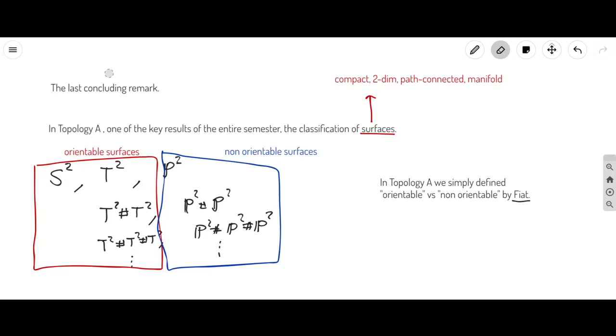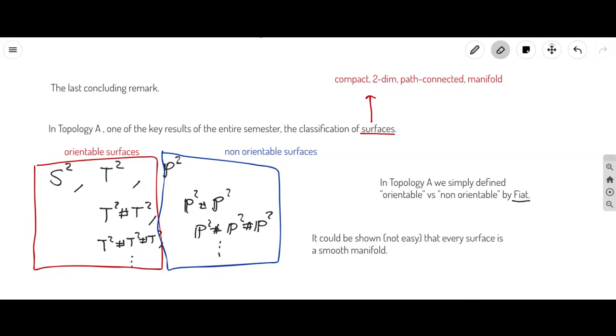And back in topology A, I say that there is a way to actually define orientability as a property. And now that we have done so, it could be shown, which is not easy, that every surface is a smooth manifold, right? So every topological surface can be given a smooth atlas.